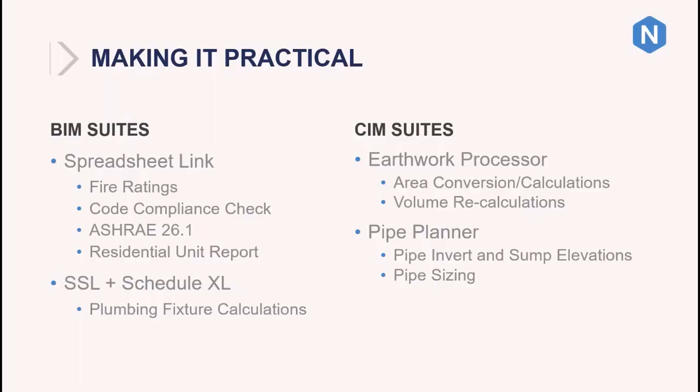Well, I can do that automatically. Instead of manually typing values in, I could run some basic calculations on the sumps based on the incoming pipe invert and have that done in Excel and then push it back in. Or if I understand what the flows are, maybe I want to do some pipe sizing in Excel and then push that back into the Civil 3D space with Pipe Planner.